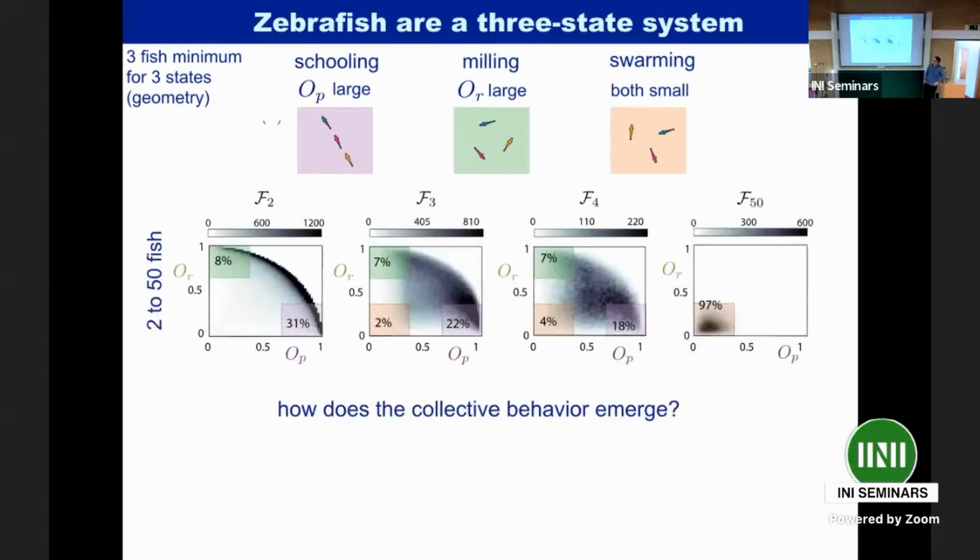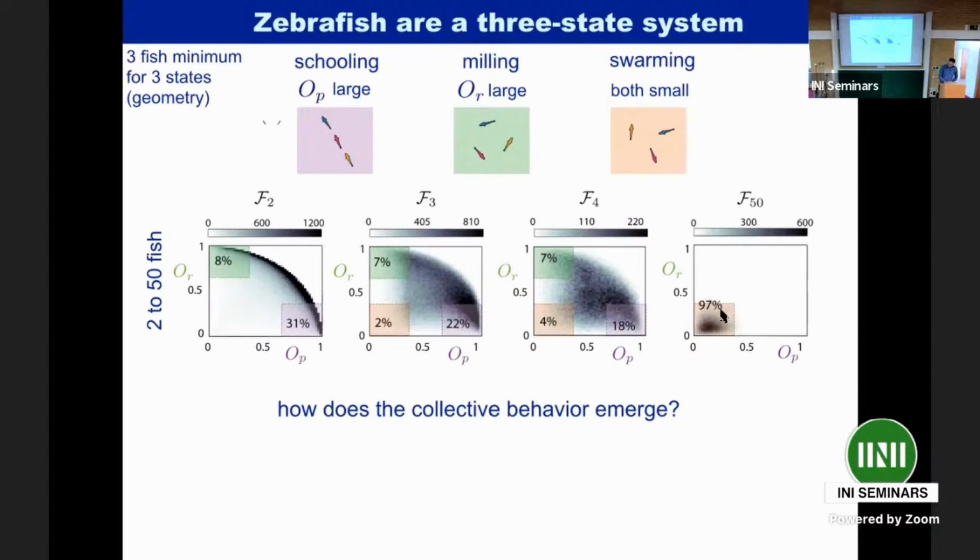And we might ask the question, well, what happens if we increase the number of fish? And if we do that, then I said that two fish cannot swarm because there's not enough of them here. But as we increase the number of fish from 3 onwards, we see the 3 states are occupied, and 4 fish are slightly more in the swarming state.